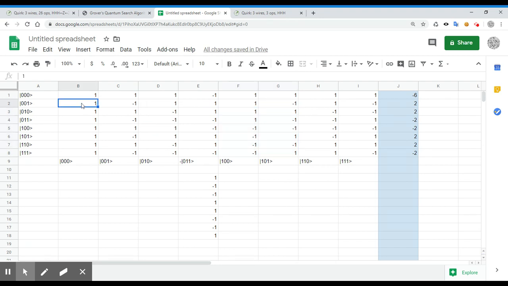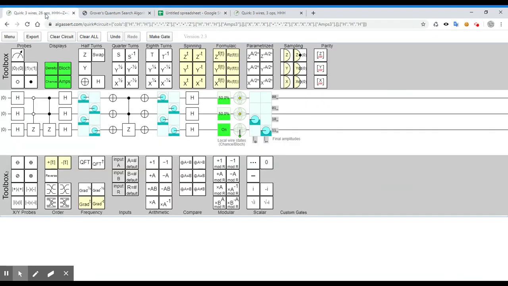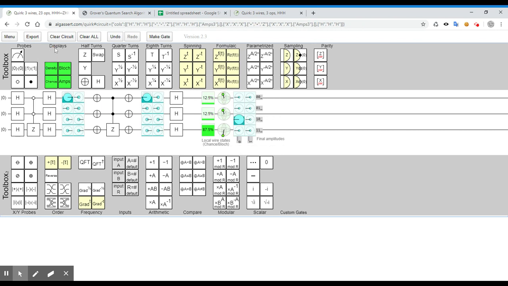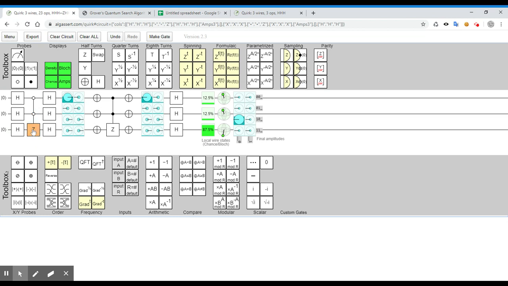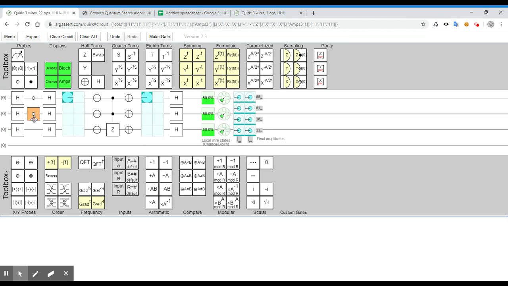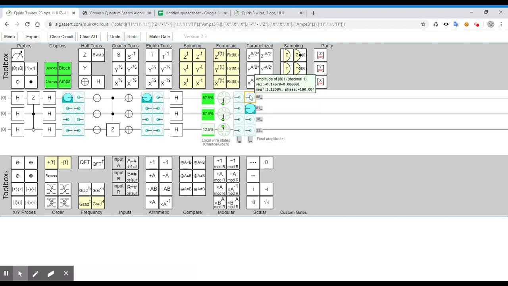Let me think about this for a second. Which one did we find? 0 and 1, right? So let's say that we do this. We do it this way. So that's what you should actually be left with.